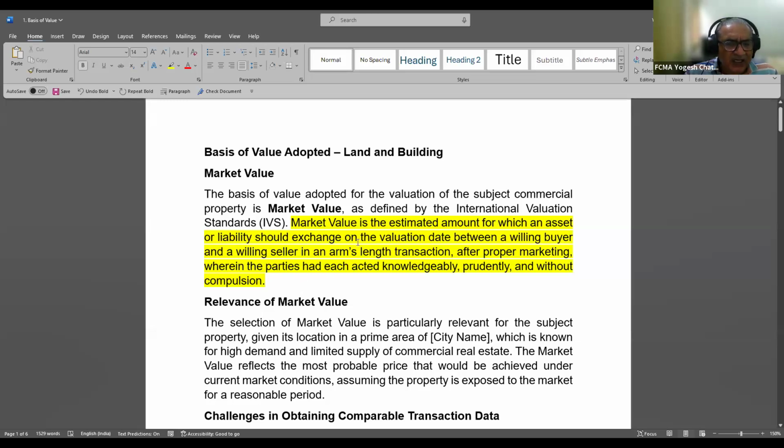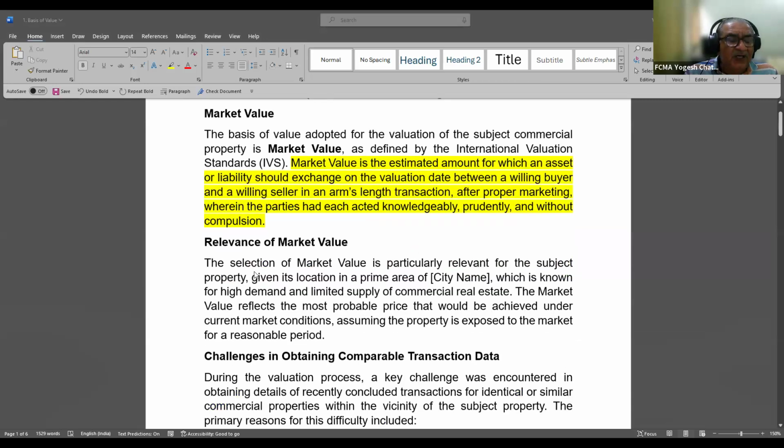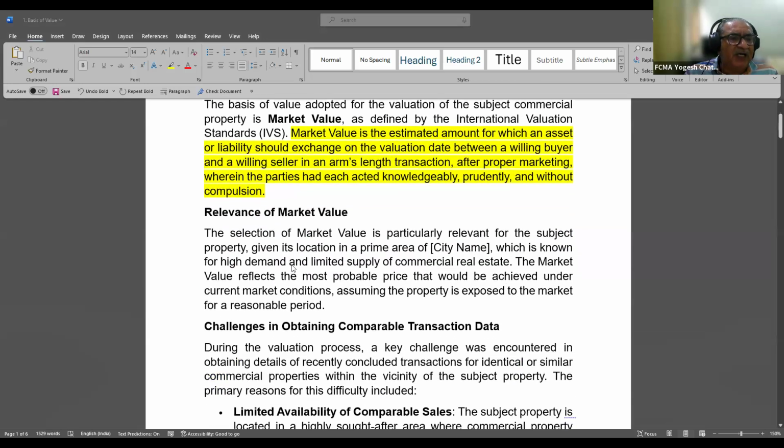So go through that. Market value is the estimated amount for which an asset or liability should exchange between a willing buyer and a willing seller, in an arm's length transaction after proper marketing, wherein the parties had each acted knowledgeably, prudently, and without compulsion. What is the relevance of the market value?